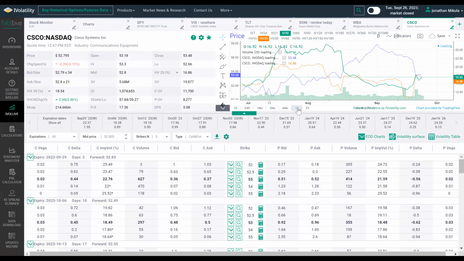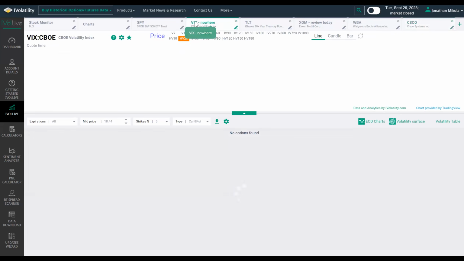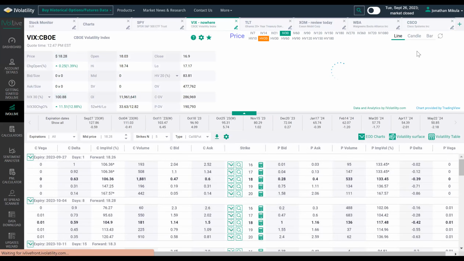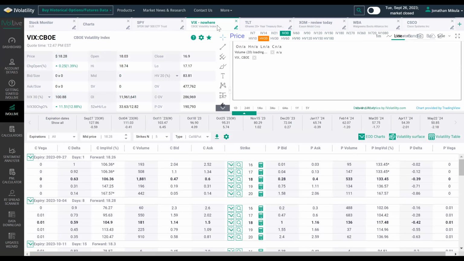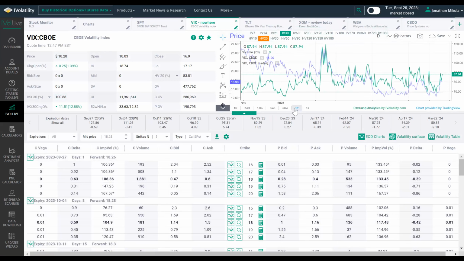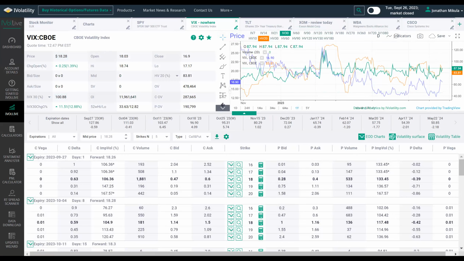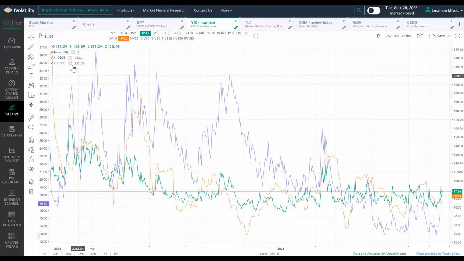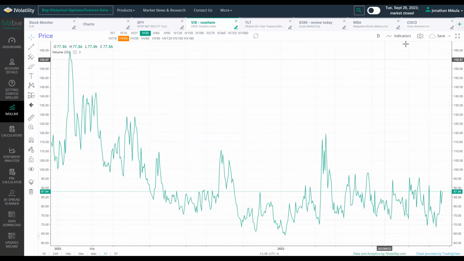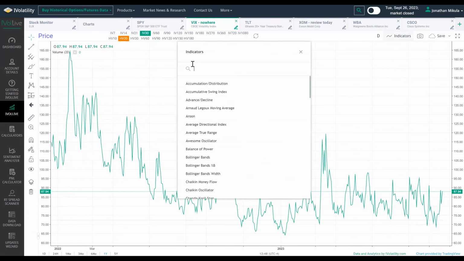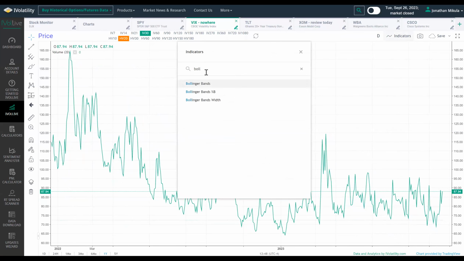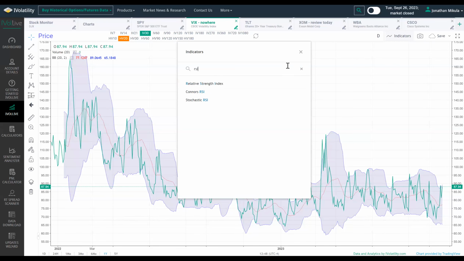Just real quick, I want to show this. So if we go to the 1-year chart, we go to the VIX, let's say, this is a good example because essentially you could create a fear gauge for any instrument that you'd like. So we could do a fear gauge of the fear gauge, but we could also do a fear gauge for TLT, XLM, Walgreens, Cisco. So if we came here to the 1 year and then expanded this view, and then let's say we got rid of historical volatility and spot price, and we added those indicators we've been playing with today, so Bollinger Bands, RSI.